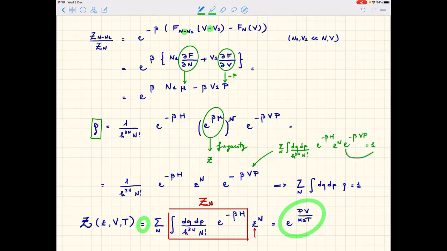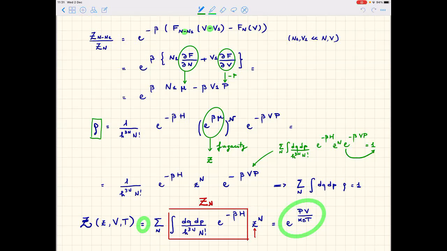And then what I do is I take this e to the minus beta vp, I take it on the other side, and I obtain this expression here. Then I say, okay, so you agree with this, right? Yes. And now I say, okay, since I obtained this expression, I obtained that this sum and integral is equal to e to the minus vp.